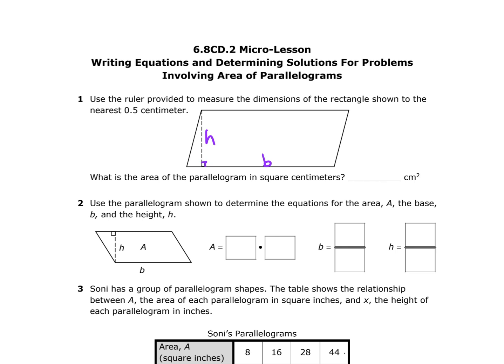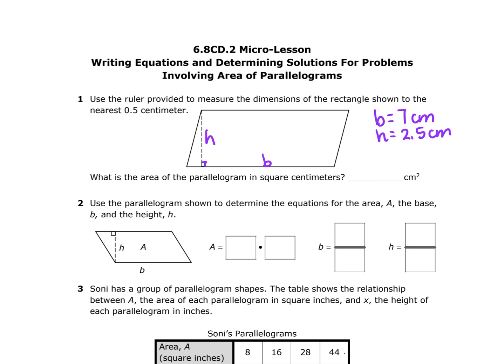When I measured it with my centimeter ruler, I had that my base is equal to 7 centimeters and my height is equal to 2.5 centimeters. It's possible that when you copied this, it might measure differently, so your actual numbers might look a little different, and we're going to have a range of numbers.